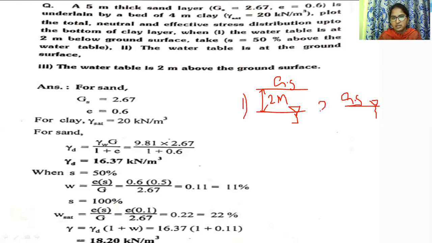Condition 3 is water table is 2 meters above the ground surface.